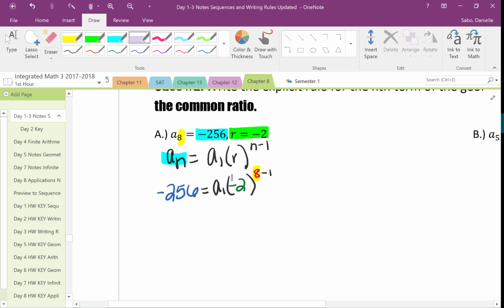Now, these ones are pretty easy, only because you can just type most of it in your calculator. Go ahead and type this purple piece into your calculator and let me know what you get. The negative 2 has to be in parentheses. What do you get?